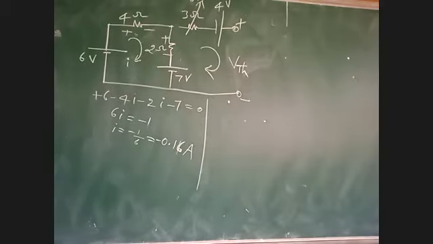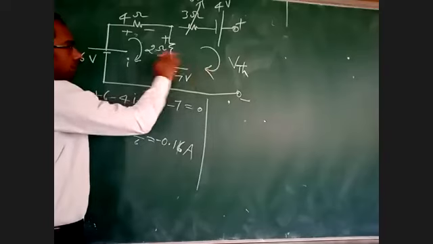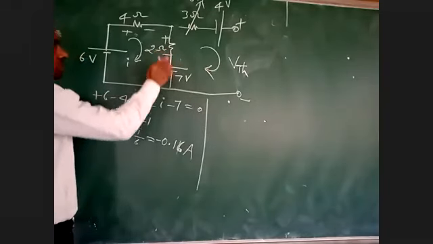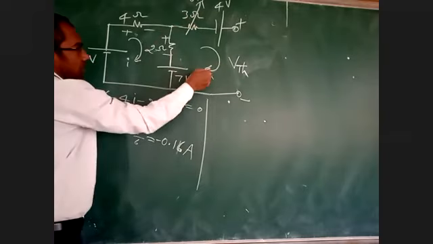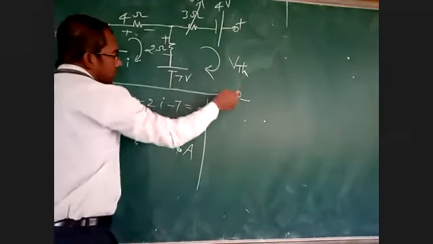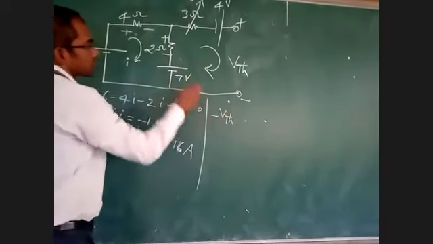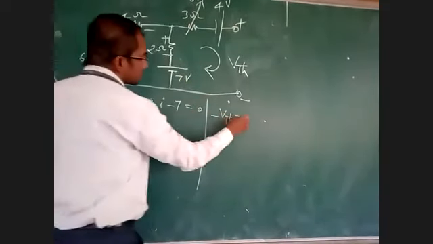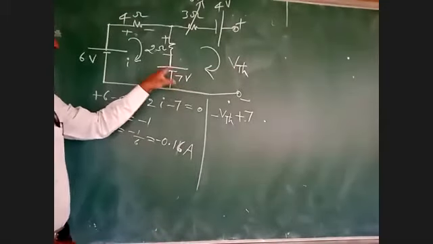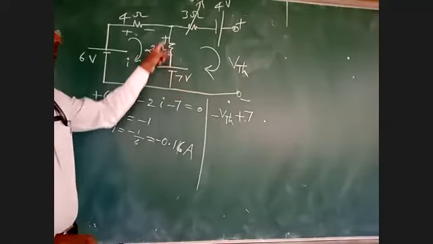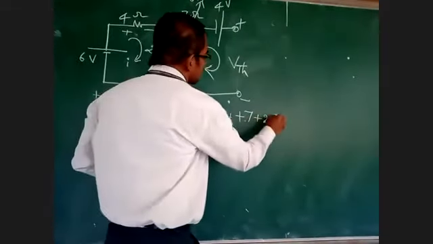See here, a resistor is included. If we are taking this loop, I need the voltage in this. The voltage in this branch is 0. Now, the arrow goes from plus to minus, so minus VTH; minus to plus, plus 7; minus to plus, plus 2i.